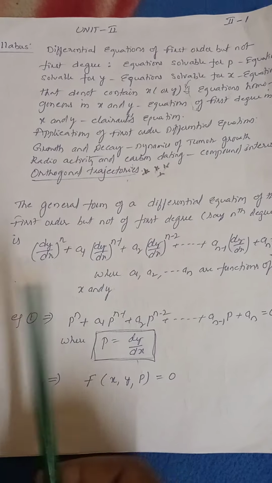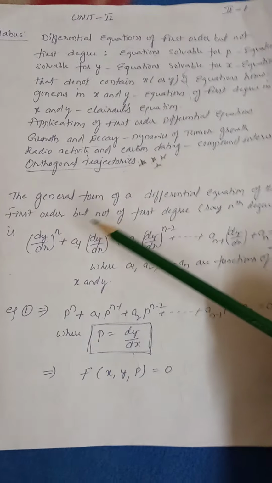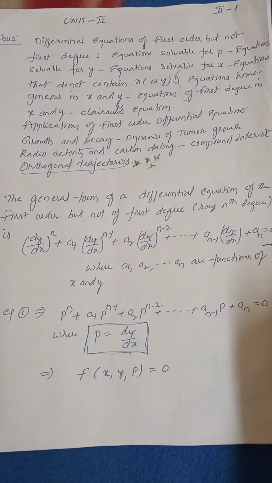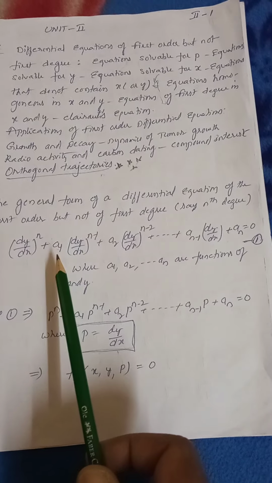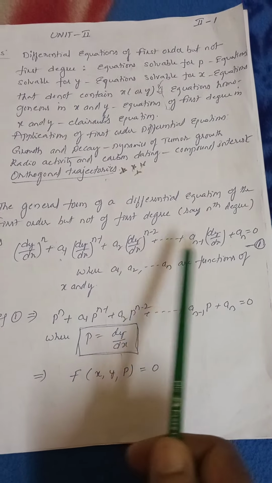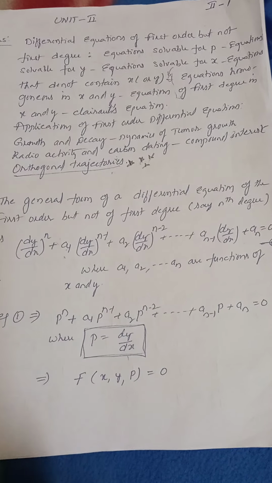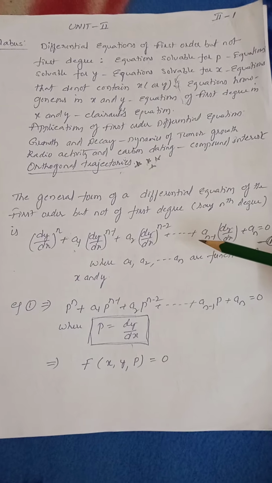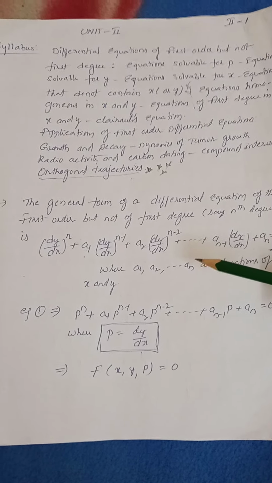This is the general differential equation of first order but not of first degree. Here the degree is equal to n, where a1, a2, a3 and so on, an minus 1, an are functions of x and y. This is called a general differential equation of first order but not first degree, right?